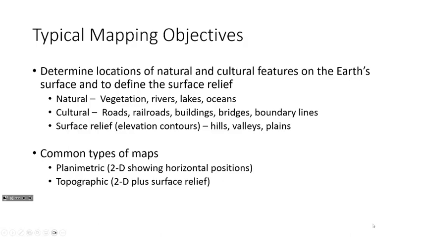Cultural would be anything that we built upon the land, like roads, railroads, bridges, buildings, stuff like that. But also we would be interested in depicting surface relief, so the elevations. For example, we're in West Virginia, so we live in the mountain state, so obviously we're interested in determining where the hills are, where the valleys are, where the flat areas are, and so on and so forth.